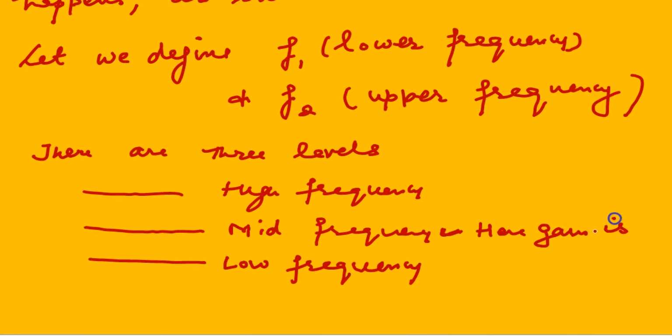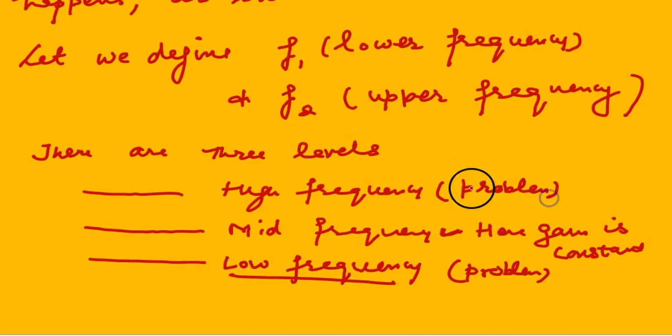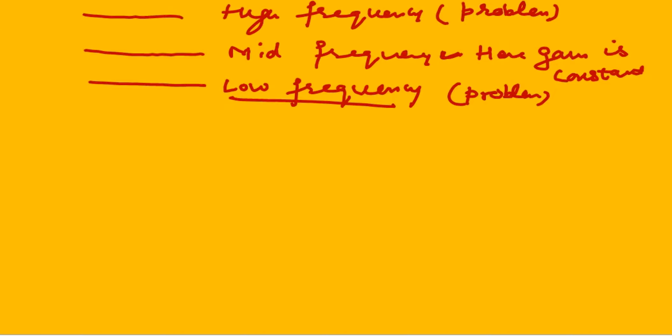Mid frequency is where the gain of the amplifier remains constant. At the lower frequency, the gain decreases. At the high frequency, the gain of the amplifier again decreases. So we are going to define the two frequencies, F1 and F2.